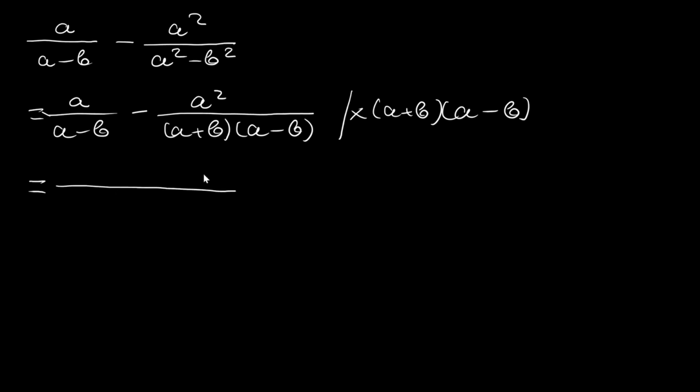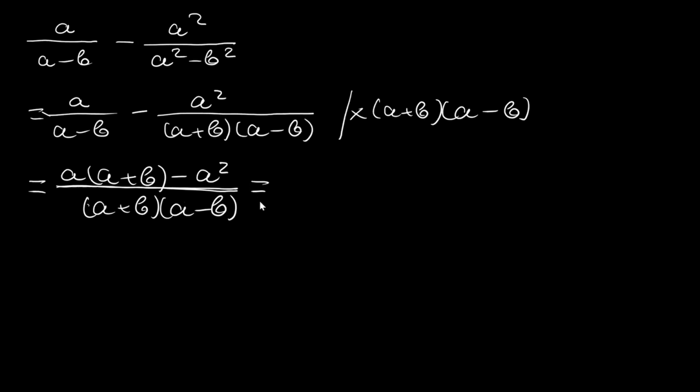And what do we get thus? We get the following. We have a times a plus b minus a squared. And this whole thing is over a plus b times a minus b.